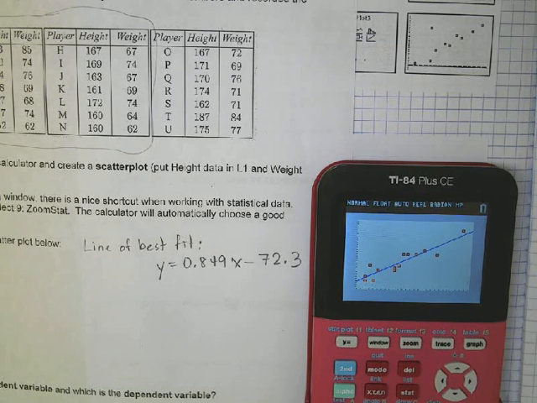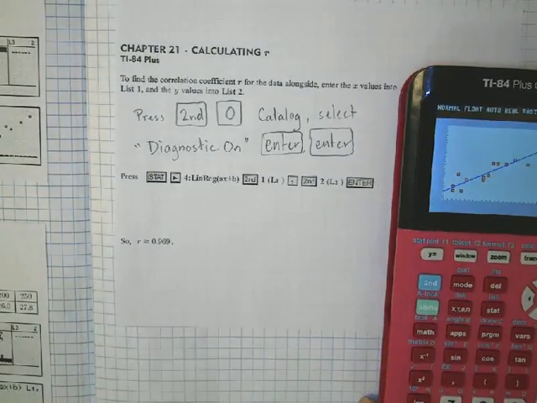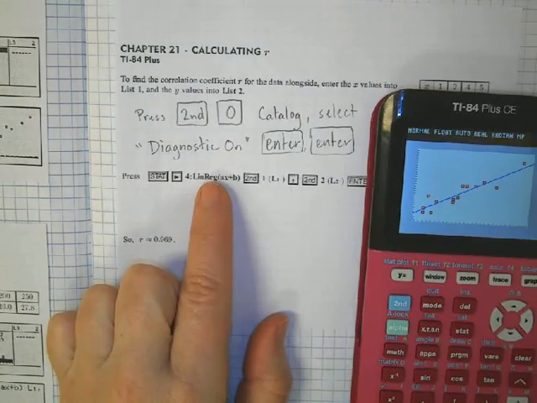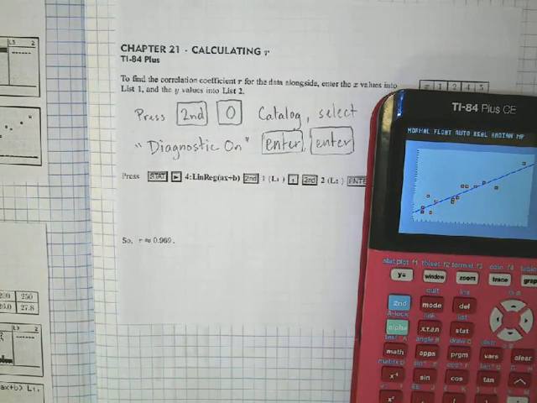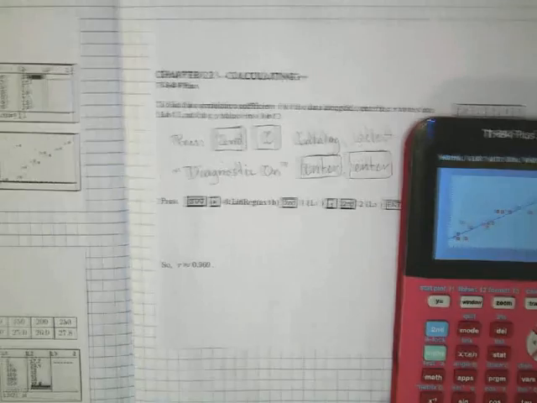Okay, now how good of a fit is it? That's what we call the correlation. How good of a fit is this? That's what calculating R is about. That's called the correlation coefficient. The correlation coefficient tells us how good that line is matching the data. So notice, back over here, sorry, let me go back over here.